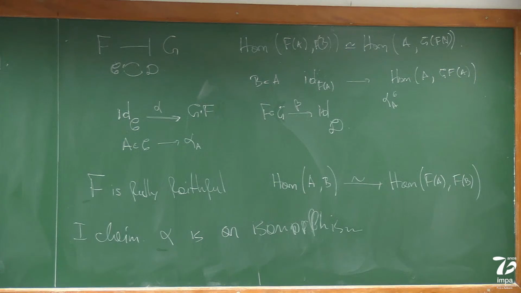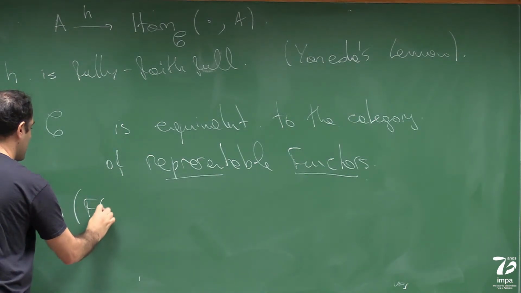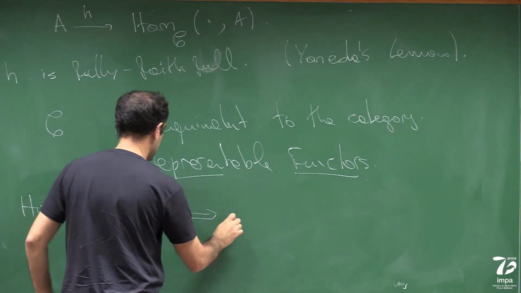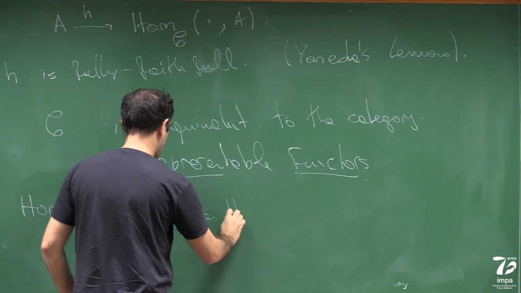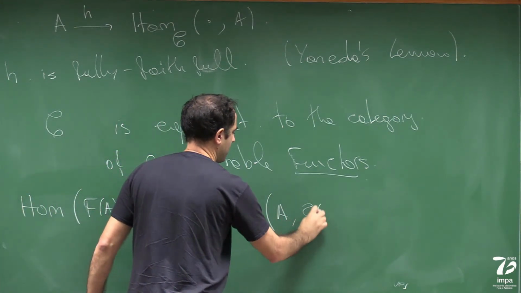So if I've given you this alpha, I would want to get this isomorphism from Hom(FA, B) to Hom(A, GB).